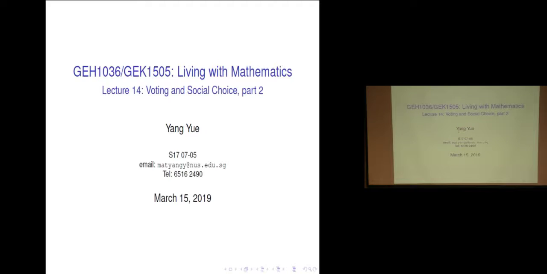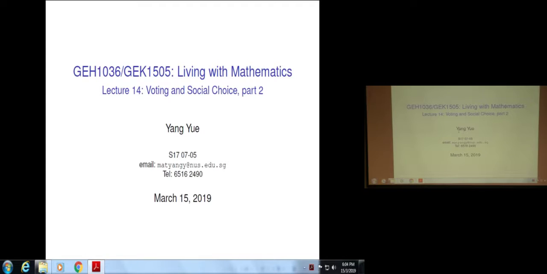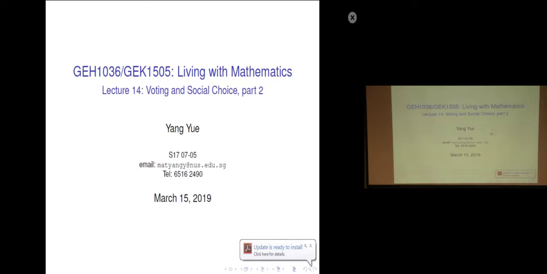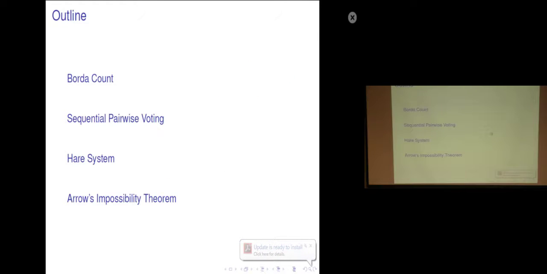Okay, so we continue our topic about voting and social choice. First, the outline of the topics.